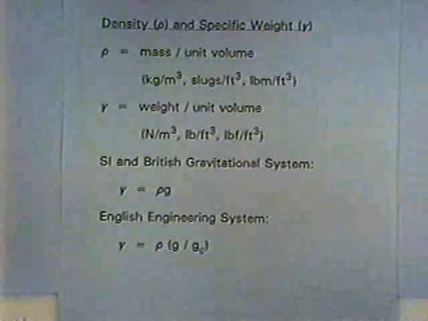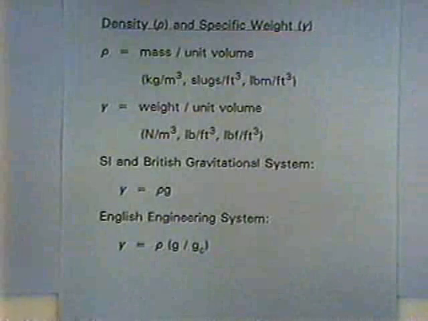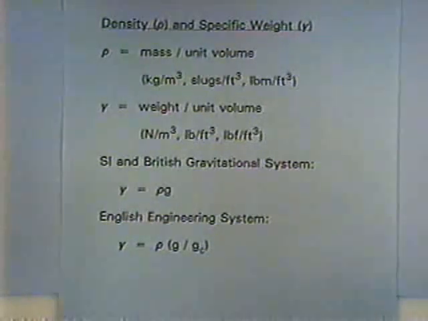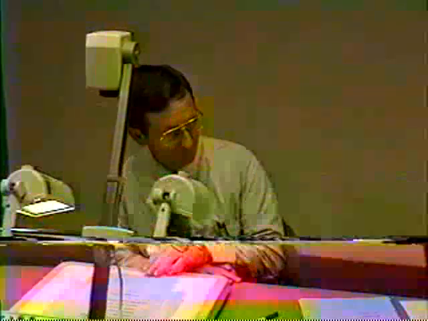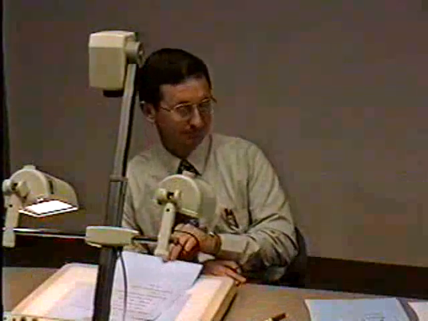And so the relationship goes back analogously to force is mass times acceleration, or weight is mass times acceleration of gravity. The unit weight is the density times the acceleration of gravity. Or in the English engineering system, we throw in that same g sub c that we had on the previous page of notes.